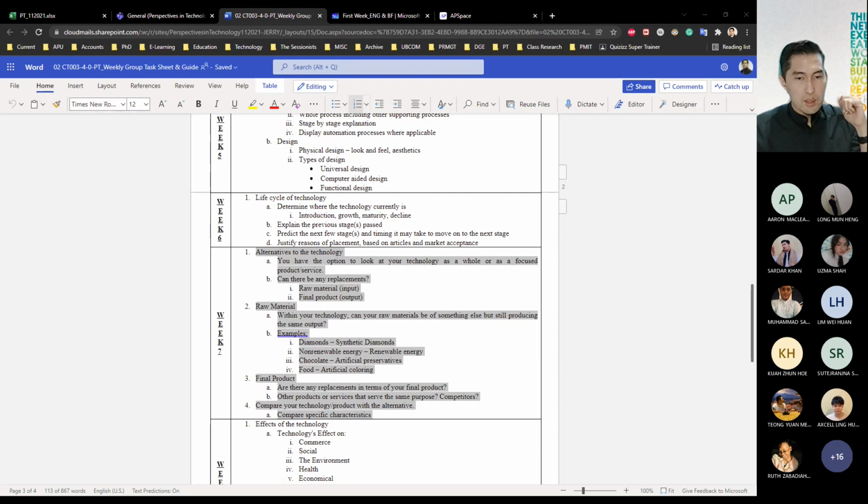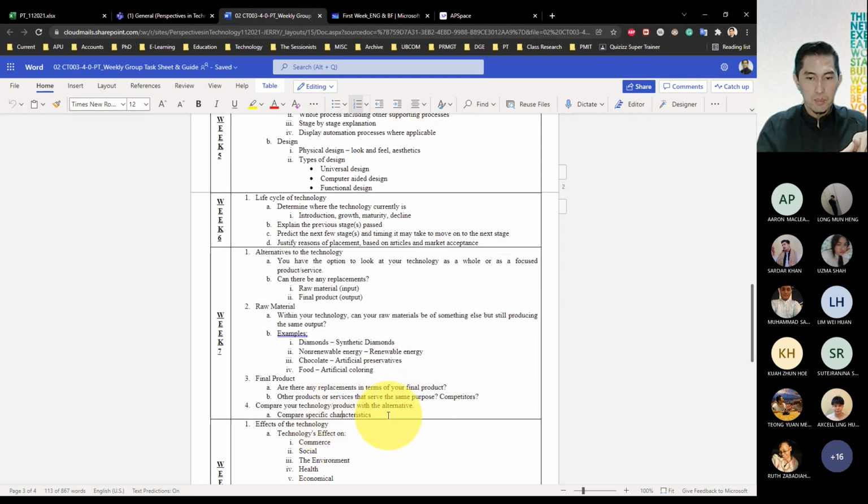So if it's quiet, my only assumption is that there are two possibilities. One is that you haven't started work at all. Number two is that you have already found an alternative to your technology, right? And you are able to explain that particular alternative. Don't forget, yeah. So point number 4 here is quite important, right?